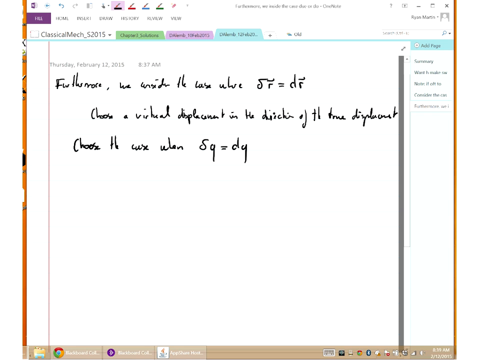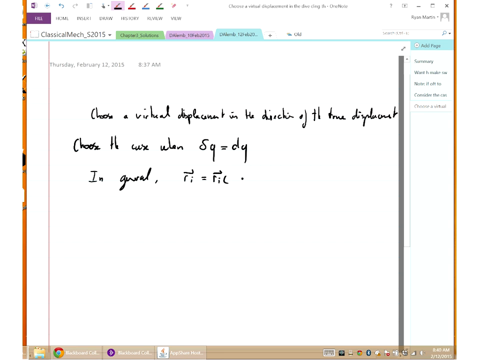This does not necessarily imply that delta R equals dr. So we consider the virtual displacement to be in the direction of the true displacement, and we choose that in the generalized coordinates.